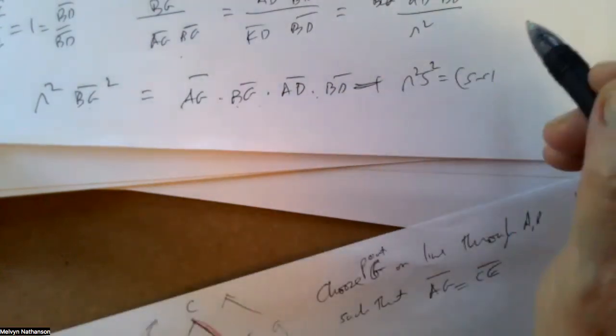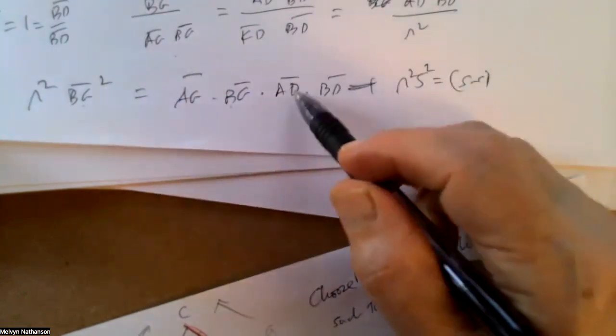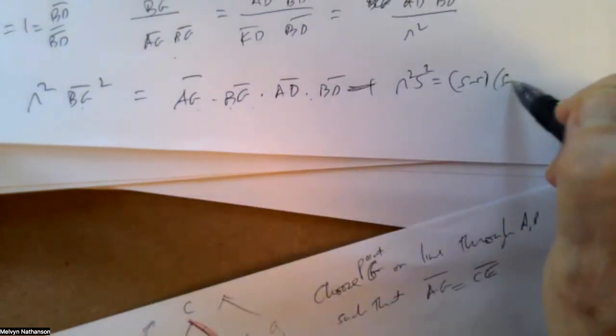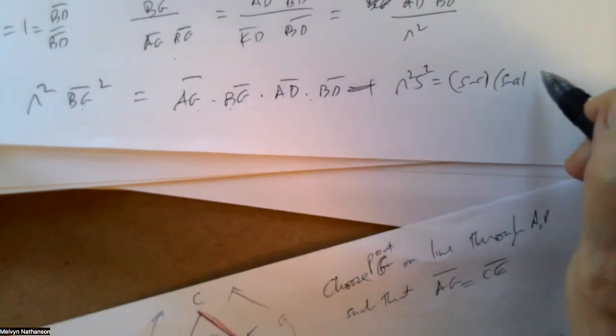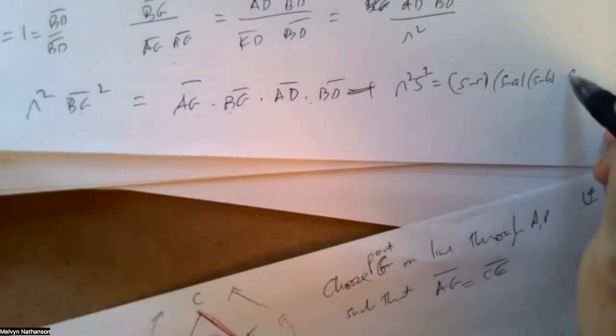So AG is S minus C. AD is S minus A. BD is S minus B, and BG is S.